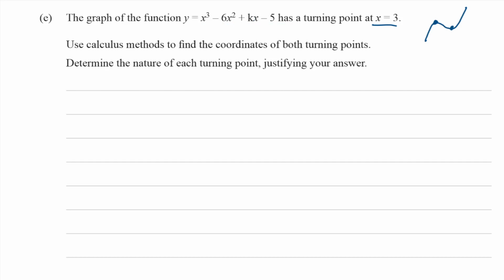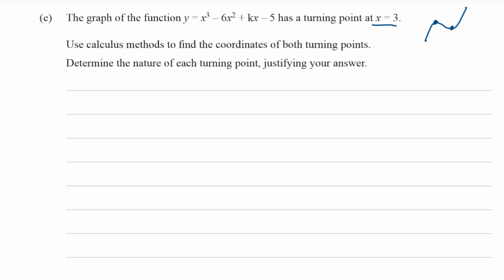So we're going to need to find that, because once we have it, we could just graph the cubic and we know what it looks like. Cool. Alright, and finally, just justifying our answer as to why one is a maximum or minimum.